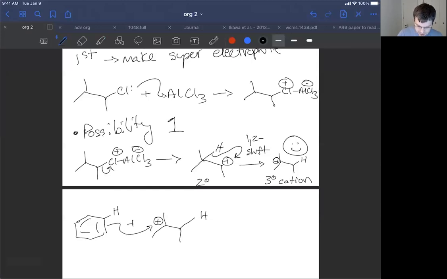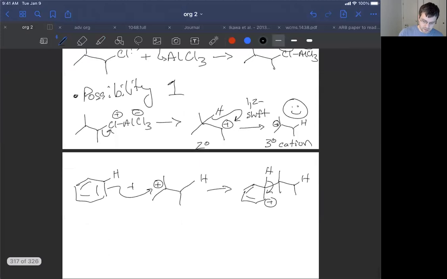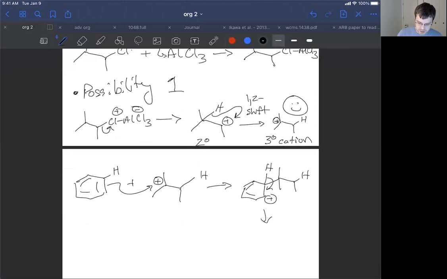When we attack this position, we get a positively charged intermediate that now has two methyl groups here and a methyl group down here, hydrogen over here. This is the intermediate that, when losing a proton, gives rise to the unexpected major product, two methyl groups, and that's what we observe.